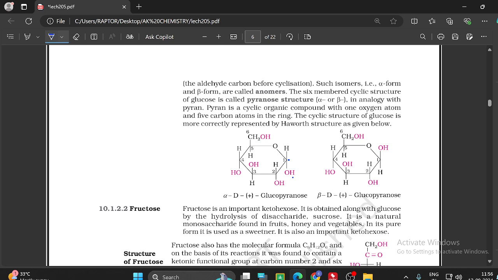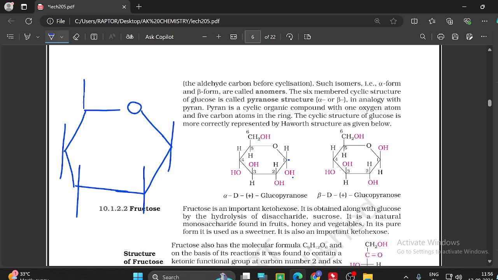See, first that pyran structure, oxygen, then actually you can draw the bonds, right? OH, 2 OH at the bottom, then H, OH, then again H. This one is CH2OH.